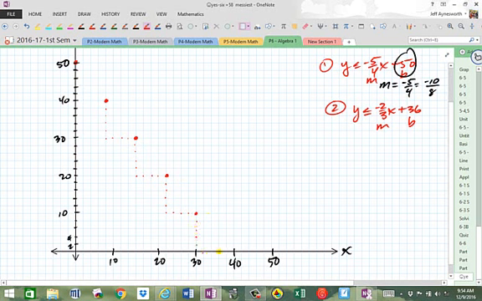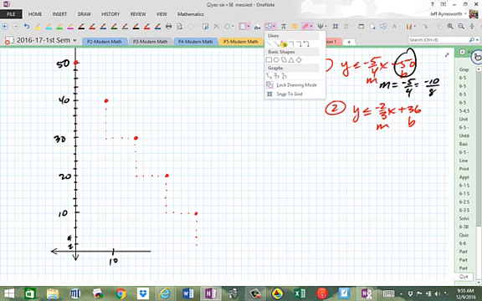oh, you know what? I messed up on my graph, so don't do what I just did. Holy cow, I can see that I messed up right here. Okay, so let me redraw the x-axis here. See, you got to be careful when you count.